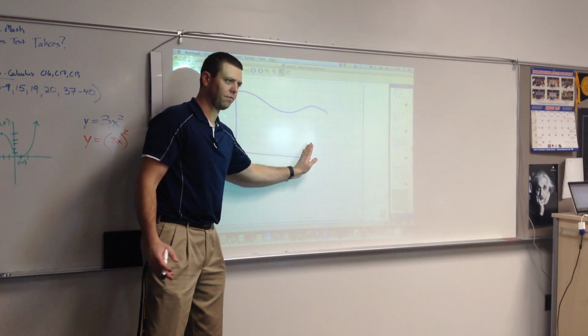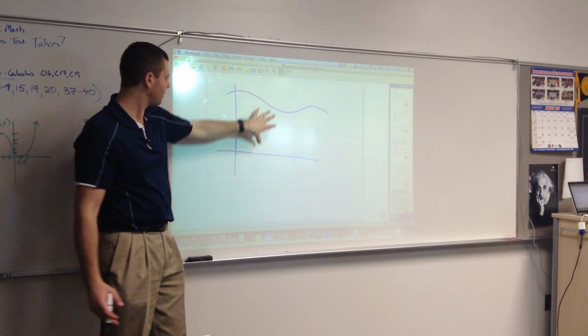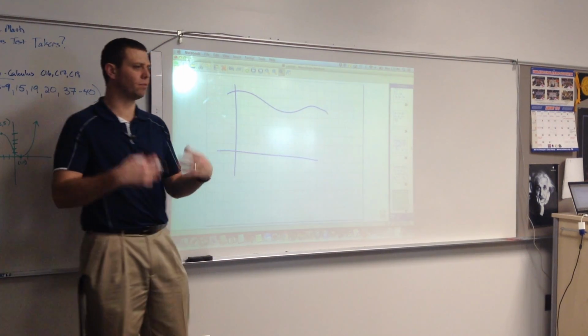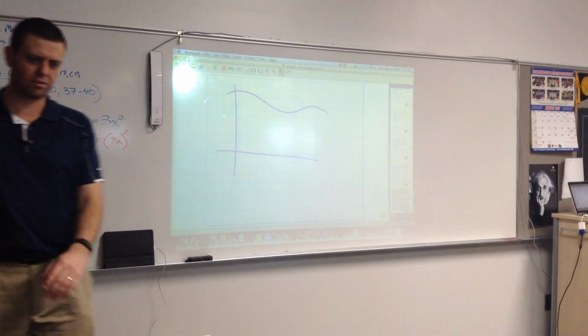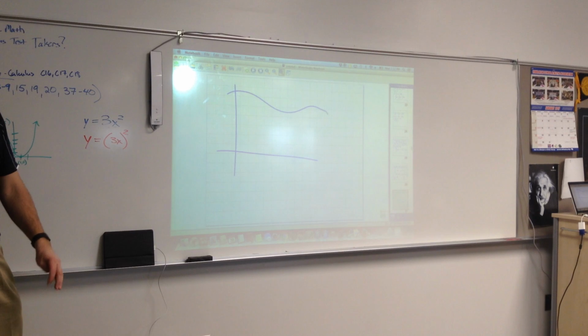Plug in the value at the far right that you're concerned with, minus, plug in the value at the far left. That'll find the area under the curve, which is the distance that that object traveled. So a little bit of application as to where this can be applied.